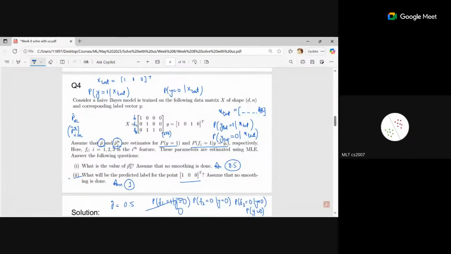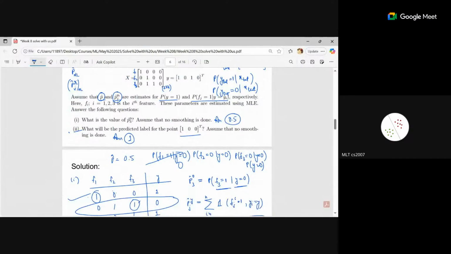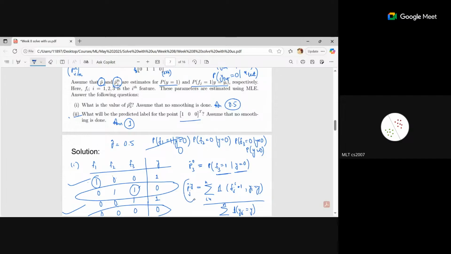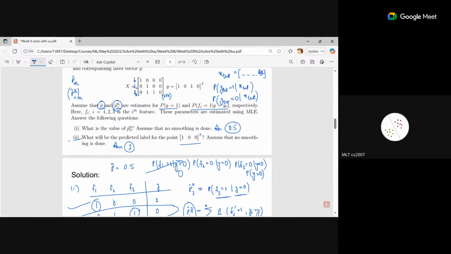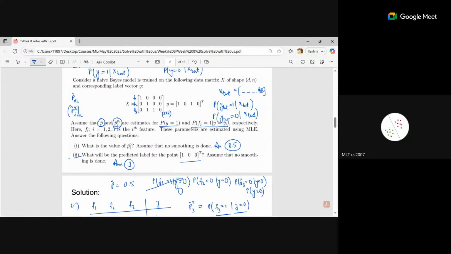From there, we find the estimates, and these estimates are basically these, right? P naught, P hat for j, y hat. In case you have a binary classification problem, then you have P hat. So you find all these estimates using the examples that are given to you, and based on that, use all this information to find the predicted label.